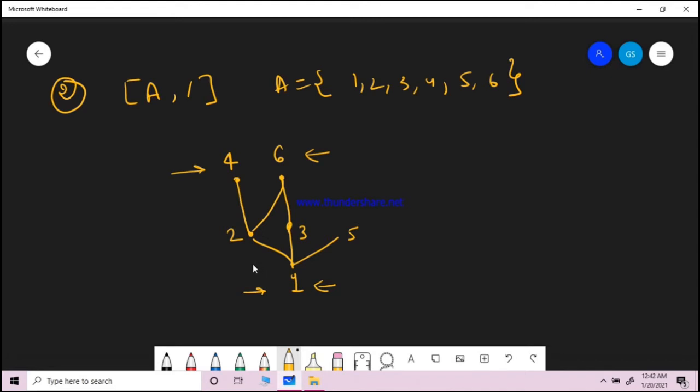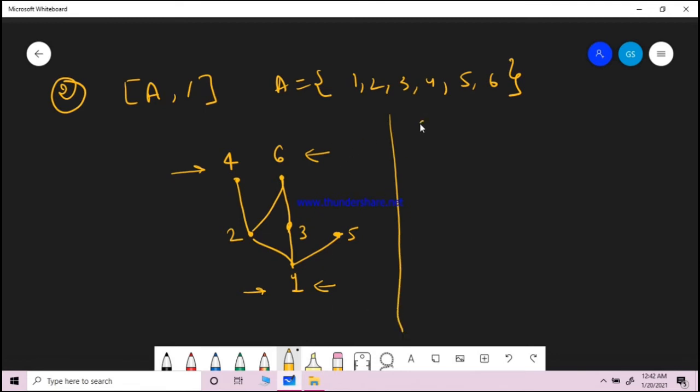Okay, so in this case the maximal elements are 4, 5 and 6. How? 5 is not at the same level as 4 and 6. This is the important part. 5 is not at the same level with 4 and 6, but just try to make the pairing.